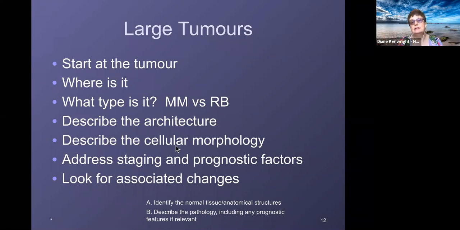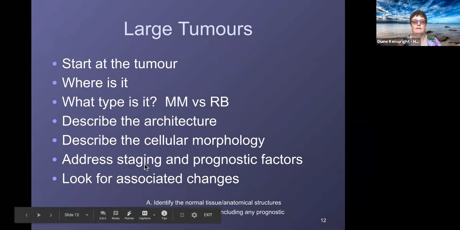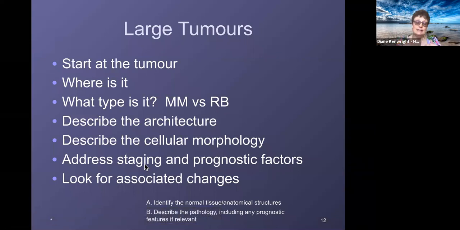And then we usually describe the cellular morphology. That's where we talk about whether or not there's hyperchromatism, pleomorphism, what the cytoplasm looks like, whether there's pigment, whether there are numerous mitoses, the actual cells themselves. After that, we talk about staging and prognostic factors. That means you have to have a good idea of what they are.